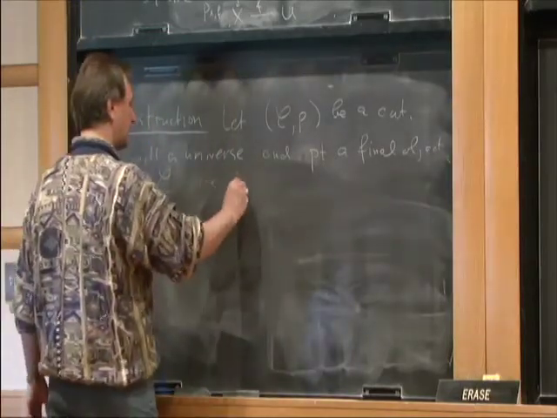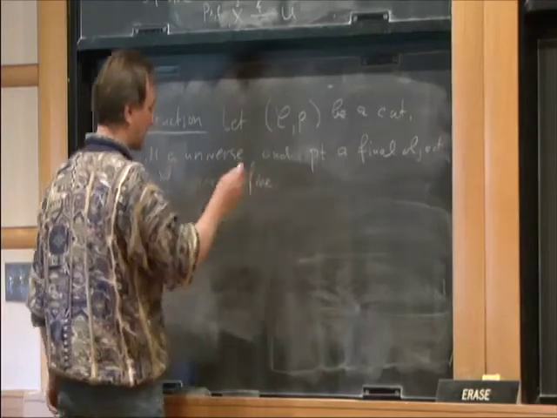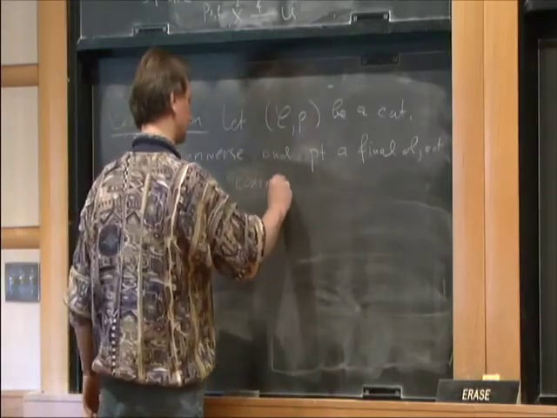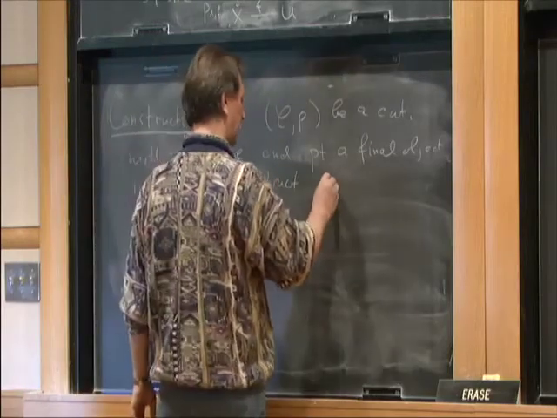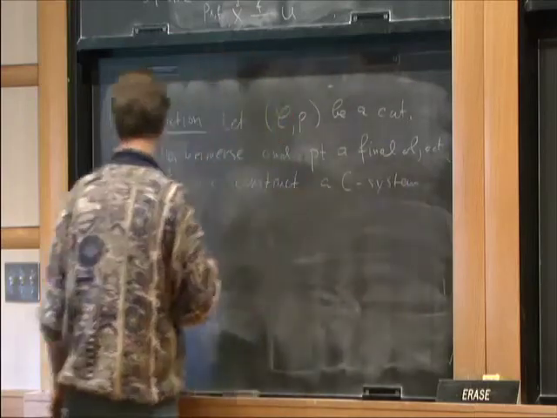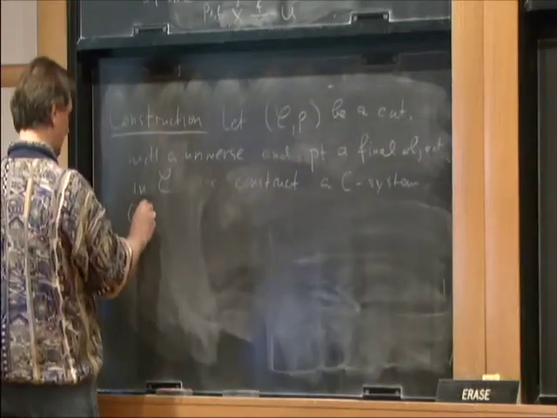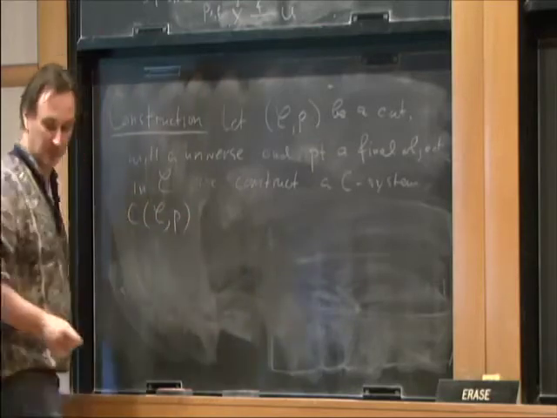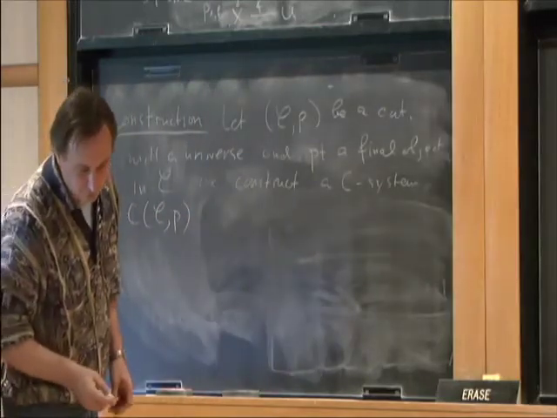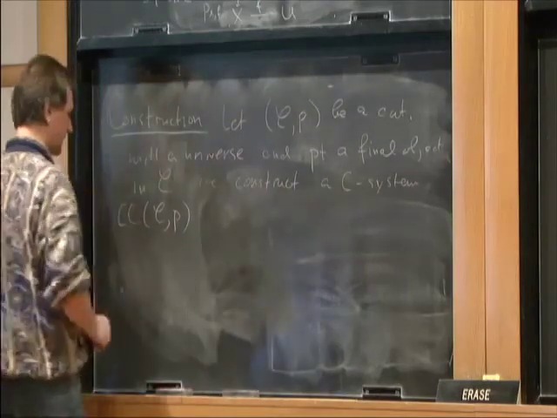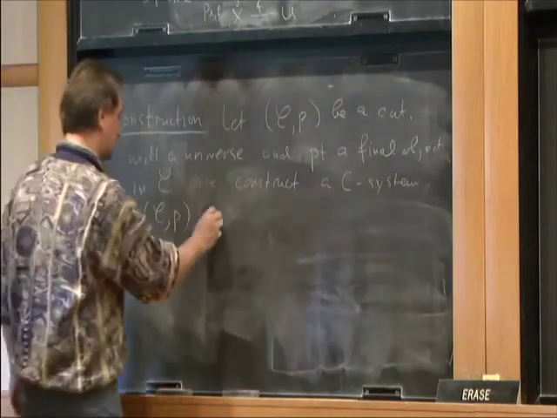So we define, or better, we construct, a C-system which will be denoted CC of C, p. Actually CC, excuse me. In the paper it was CC, as follows.